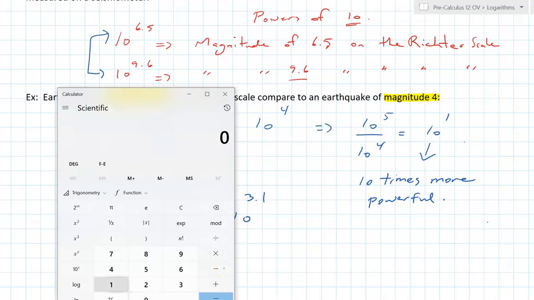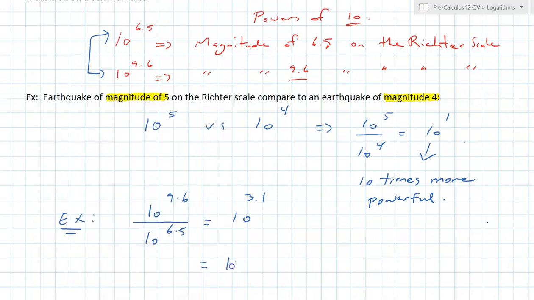Let's do it again. 10 to the power of 3.1. Notice that it will be approximately 1,259 times more powerful. All right, so that's basically it.